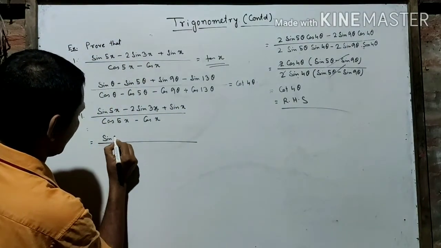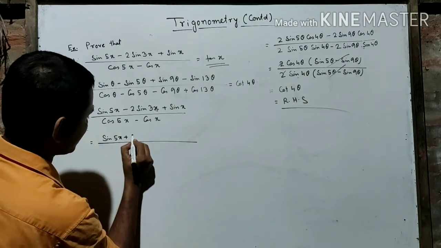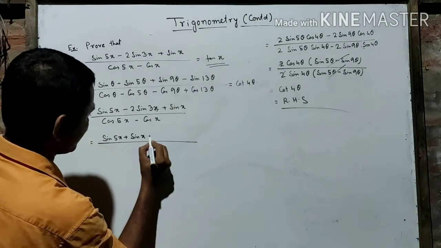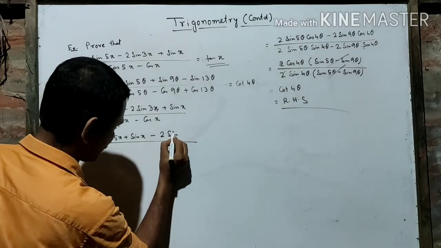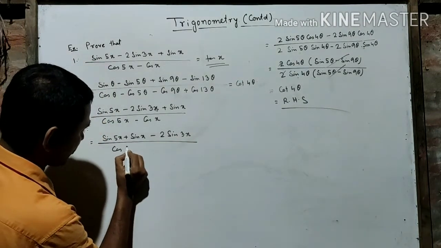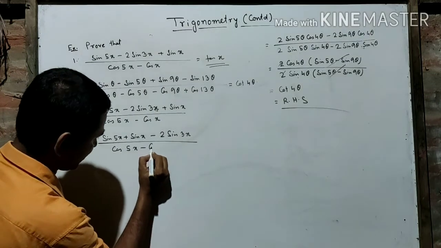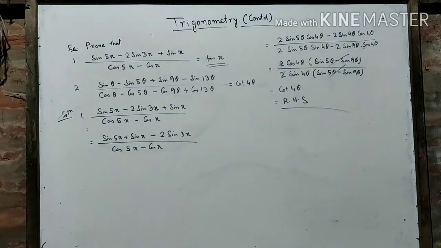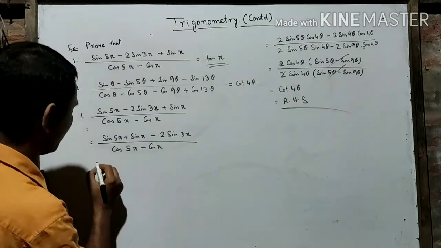So sin 5x plus sin x minus 2 sin 3x, keep it aside, over cos 5x minus cos x. We have to apply C plus D or C minus D, whichever is applicable.